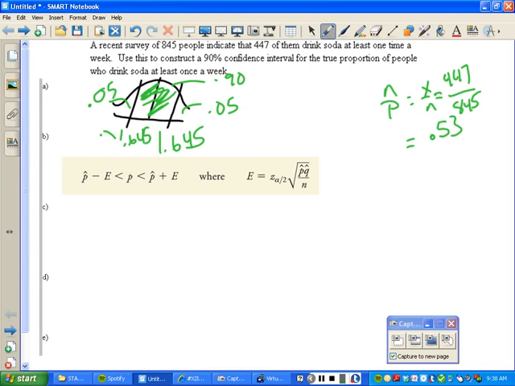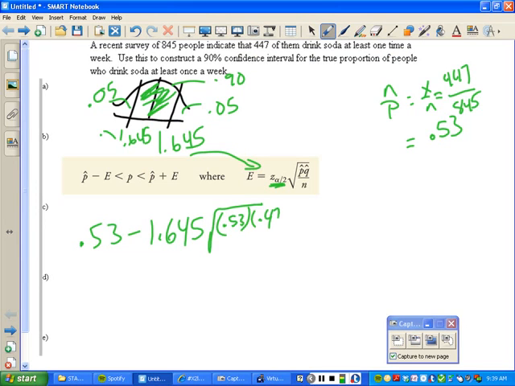So now we're going to go 0.53 minus, what's z alpha over 2? 1.645. Just plug this number into the z formula. Times the square root of 0.53 times what? q, 0.47. Times q, which is 0.47.